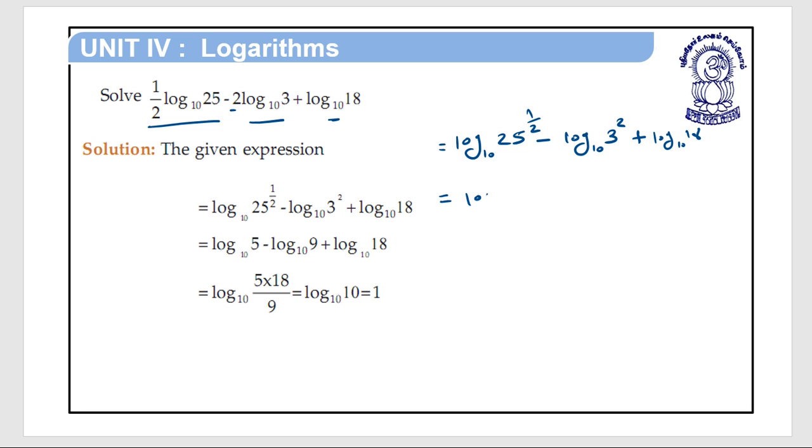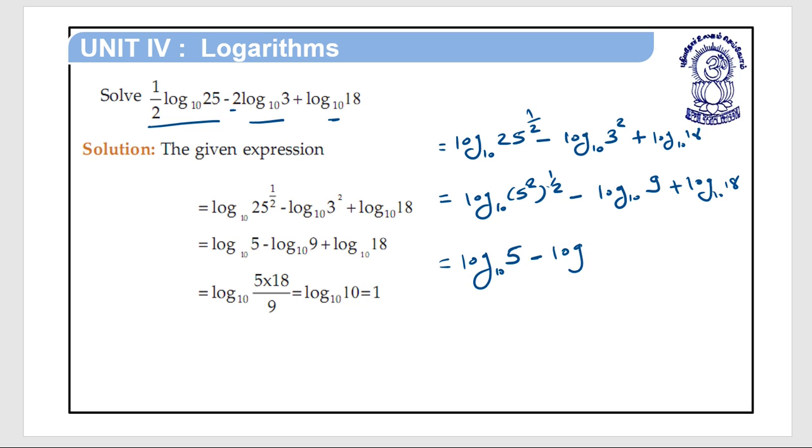Log 25 means 5 square raised to 1 by 2, minus 3 square which is 9, plus 18. So we get log 5 minus log 9 plus log 18.